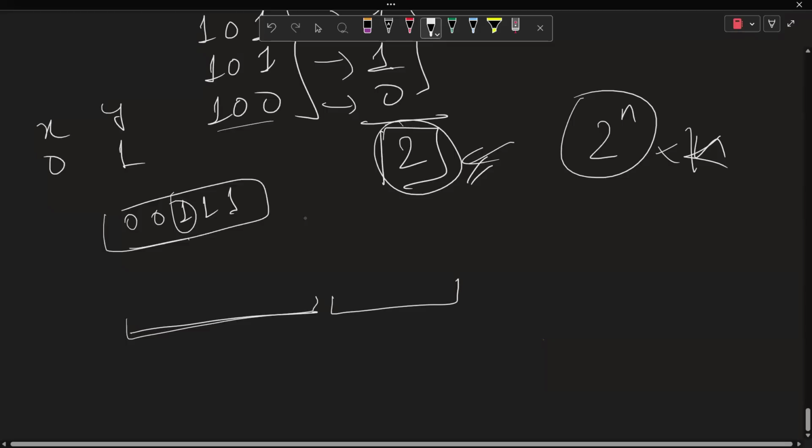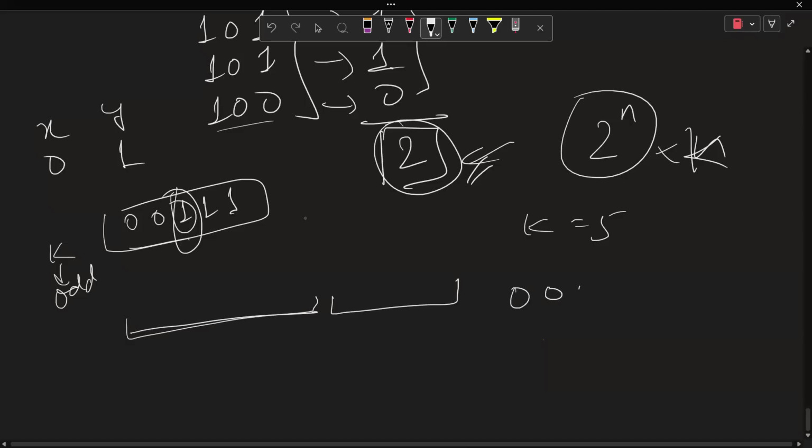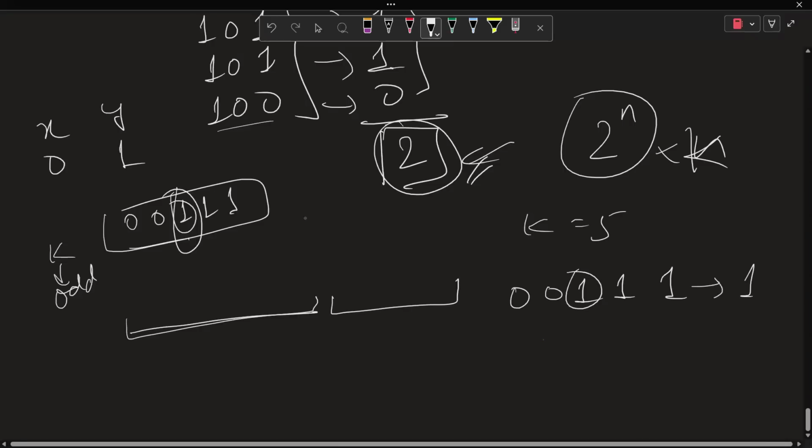So when would the number of ones be more? We need to find subsequences of length k where k is odd. So for odd k, we would always have a middle element. Let's say k is 5. When would the median be 0 and when would it be 1? If there are three ones, its median would be 1, the middle element is 1.